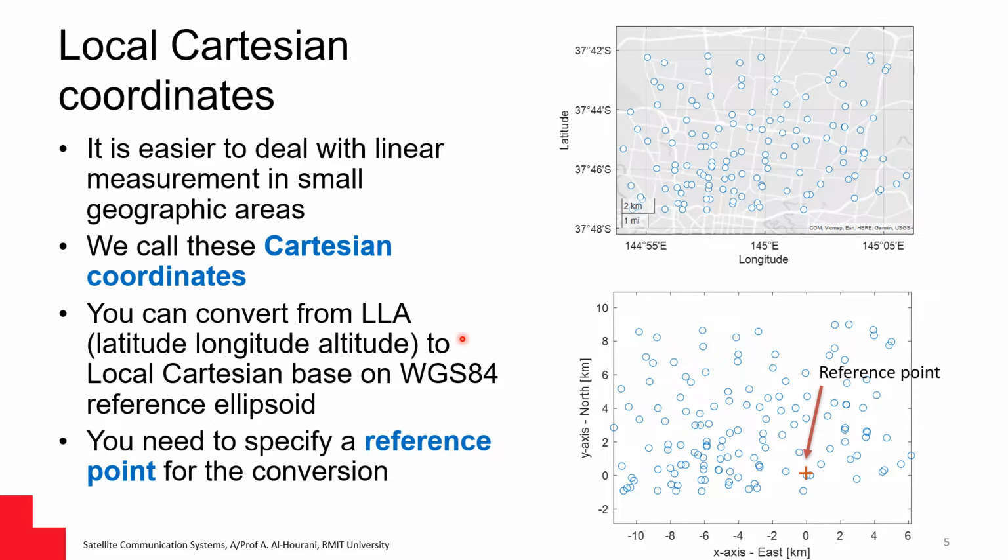Now you can use Matlab to do this conversion. This is called conversion between LLA, or latitude, longitude, altitude, to local Cartesian coordinates. And you typically need to use a reference system such as the WGS 84 system, and also need to specify a reference point to which you want these Cartesian coordinates to be referenced.